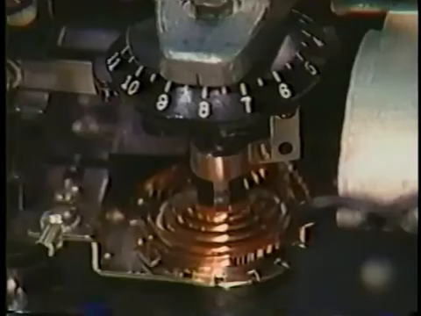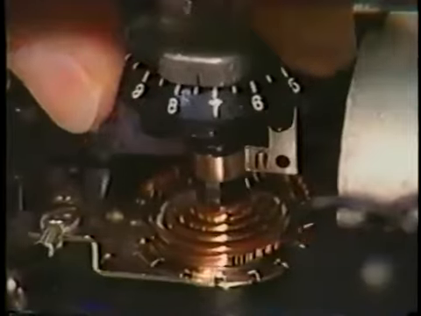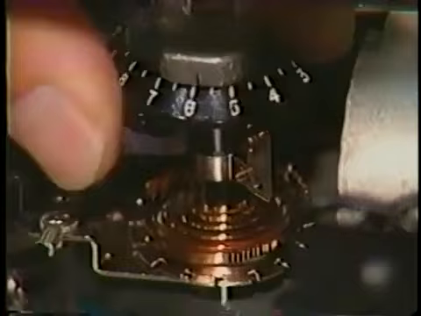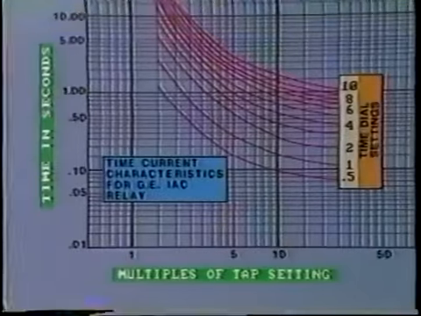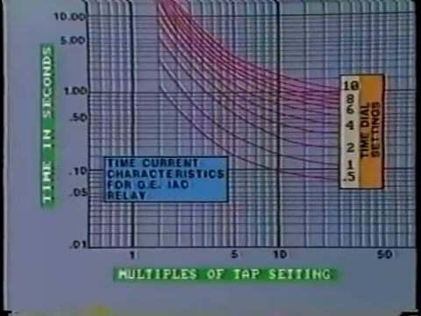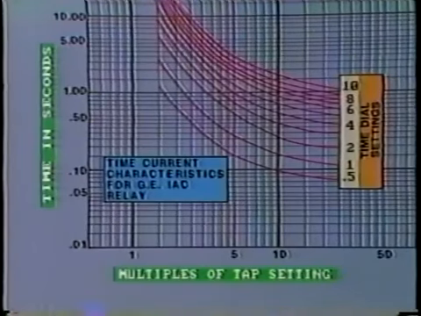Moreover, for any particular current value, we can adjust the operating time by adjusting the time dial here. What this actually does is to change the distance that the moving contact must travel. As the family of curves indicates, a time dial setting of 0.5 indicates the shortest operating time, while a number 10 setting will give us the longest operating time.